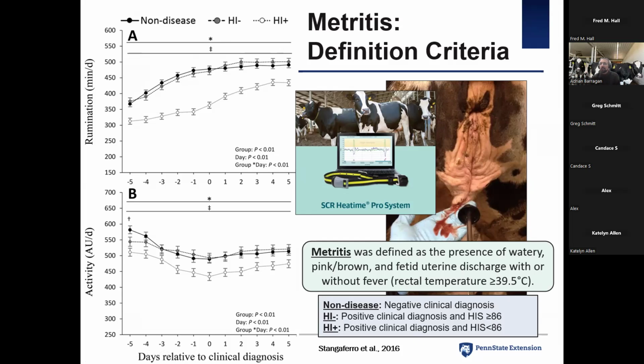And you can see that those are the group that actually have different rumination and different activity. So lower rumination and lower activity on the animals that have a clinical diagnosis by personnel and had the flag, the actual system was flagging based on the variations in these parameters.